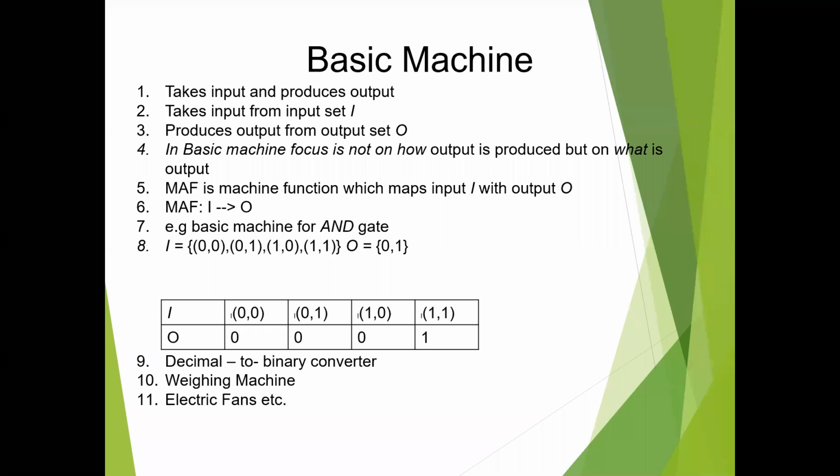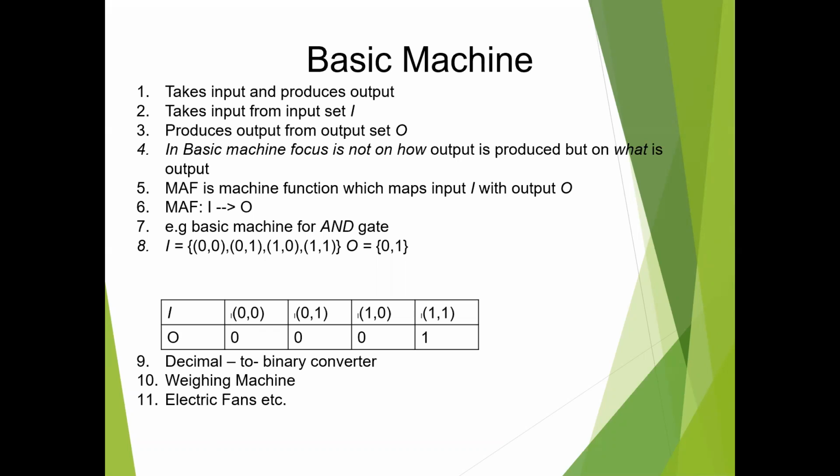So there is always the acceptable set of input for any particular machine, right? You can't give any input to any machine. That is not possible. So it is fixed what type of input that particular machine will accept, and depending upon the input which you are giving, or which that machine is getting, it will produce some output.